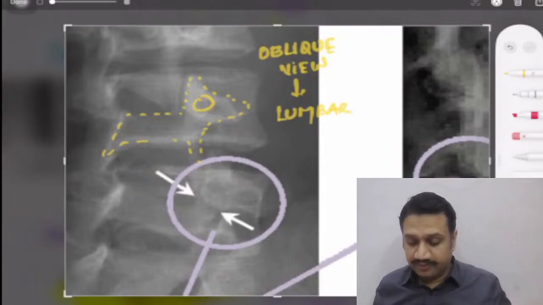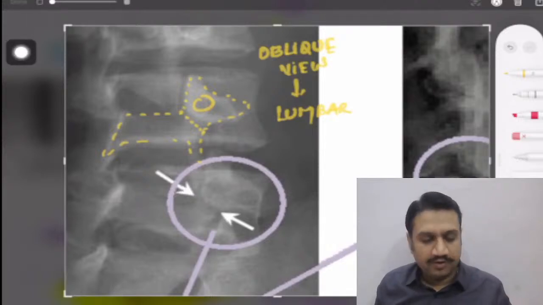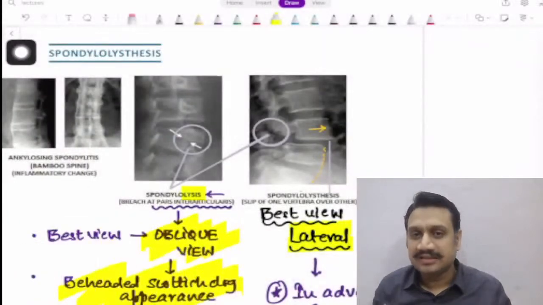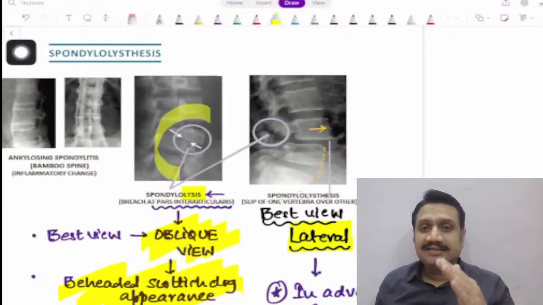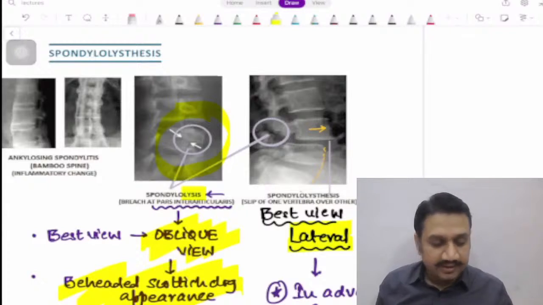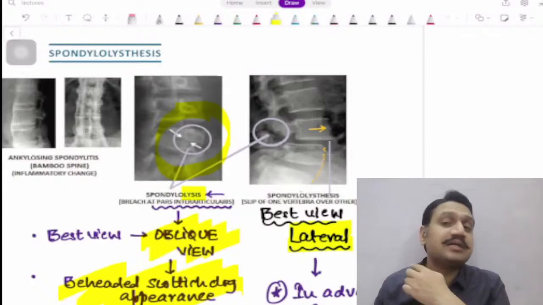Now see, whenever a lateral view is taken, it can show you a slip of the vertebral body, and this slip of the vertebral body is called listhesis. So listhesis is best seen in the lateral view, right? Lysis is a break in the neck of the dog, so we simply call it the broken-necked Scottie dog appearance, which just means a cut.